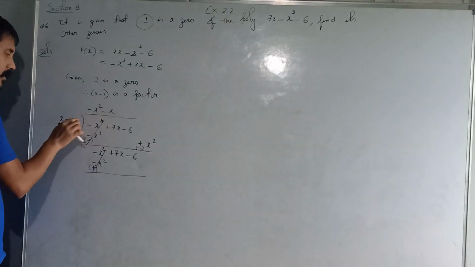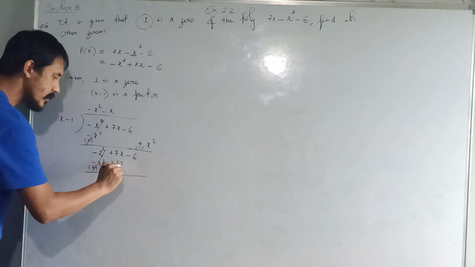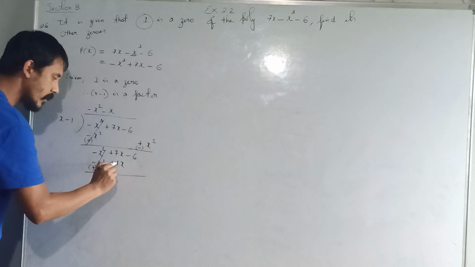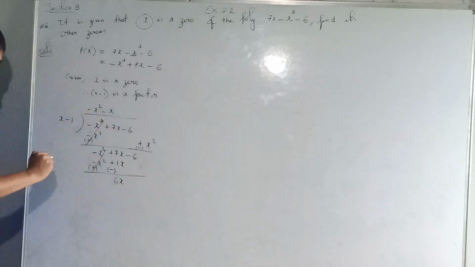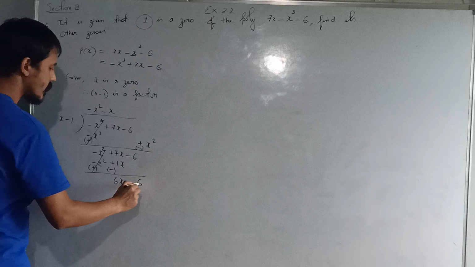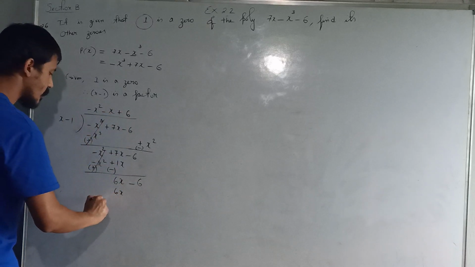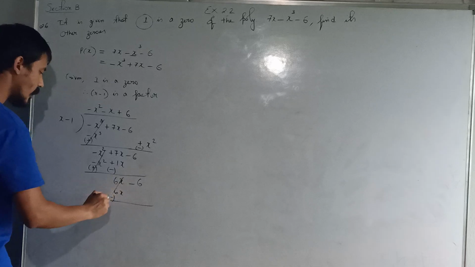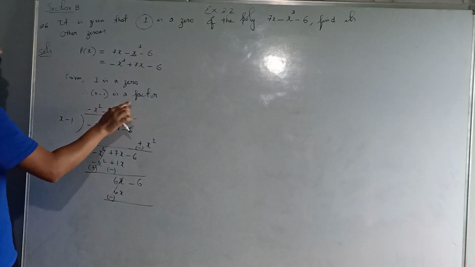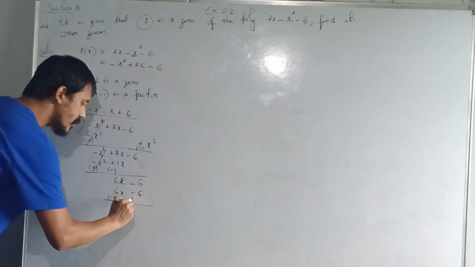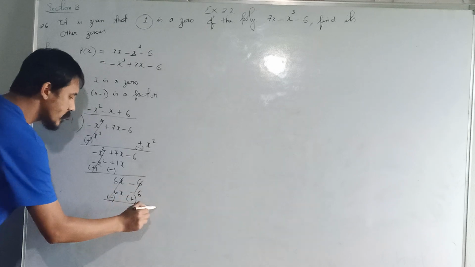Minus into minus plus 1 into x, 1x. Make it negative: 7 minus 1, 6x. And we have minus 6. Now x into 6 is 6x. Change the sign, we cancel out. Minus 1 into 6, minus 6. Change the sign, we cancel out. So it's 0. So the remainder is 0.